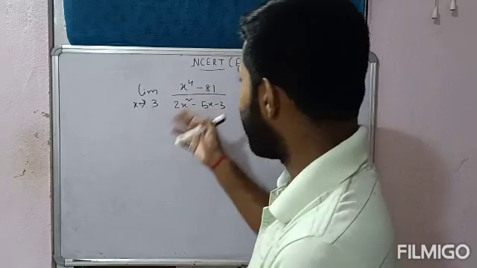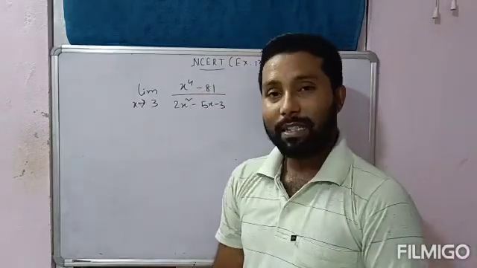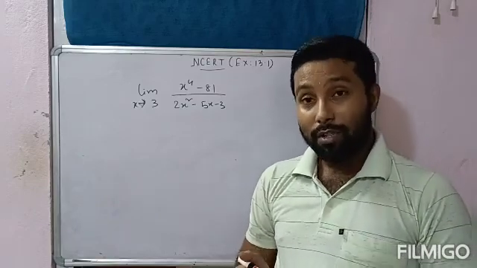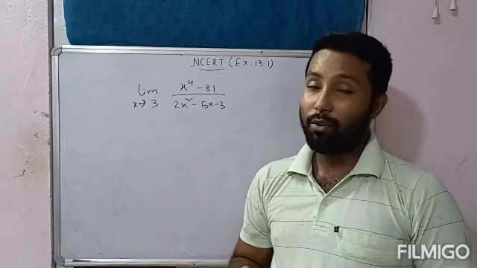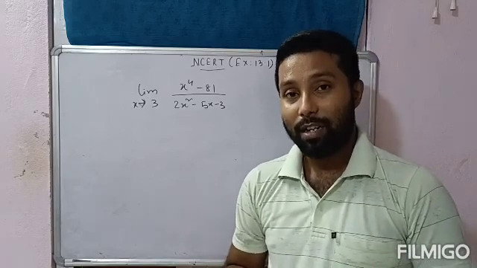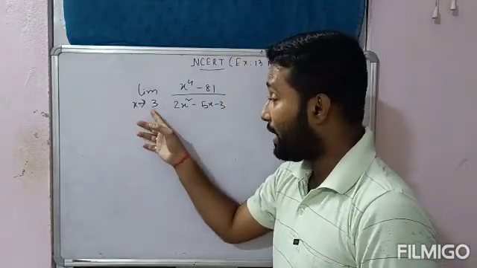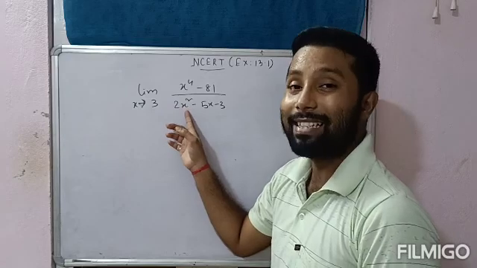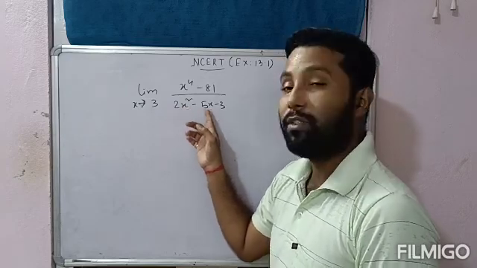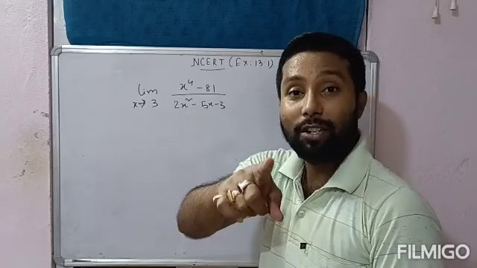Okay, this is also one kind of rational function, p(x) by q(x) form. So we have to check whether the denominator is equal to 0 or not. If it is equal to 0, we will get an indeterminate, undefined value. So you put the value of x in the denominator: 3 square is 9, 2 into 9 is 18, 5 into 3 is 15, 18 minus 15 is 3, 3 minus 3 is 0.